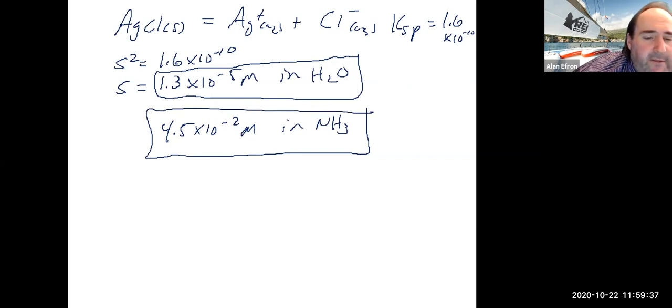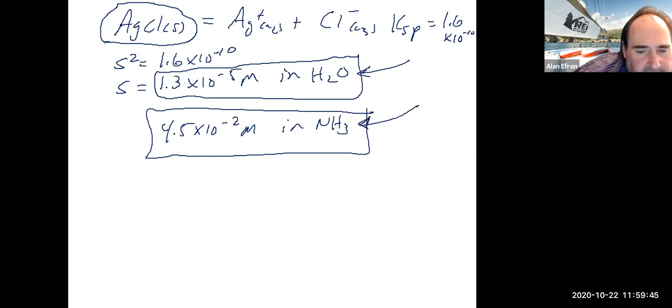So when we compare the solubility of something like silver chloride, which is that white solid that you make, in water versus in ammonia, we see that in ammonia it is much, much more soluble than it is in water. And what does that mean?